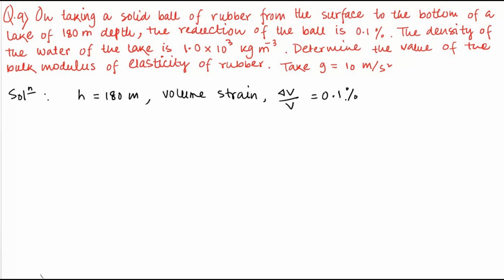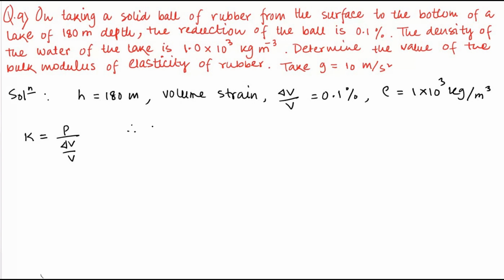The density of the water is given, that is 1 into 10 to the power 3 kg per meter cube. We have to calculate the value of the bulk modulus of elasticity of rubber. So we know that K, which is bulk modulus, is equal to P upon delta V by V. Now from here we have to calculate P first, right?